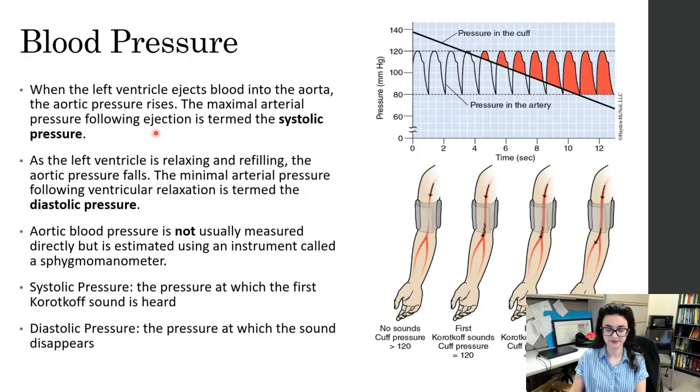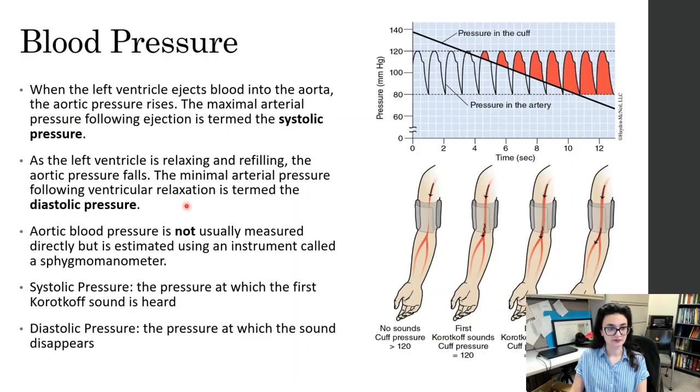And so aortic pressure is going to rise. The maximum arterial pressure following ejection is called systolic pressure. Okay, don't describe systole when you're describing systolic pressure. Systolic pressure is specifically maximum arterial pressure following ejection, not just systole, the actual pressure.